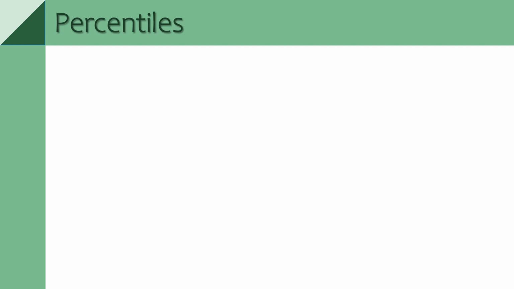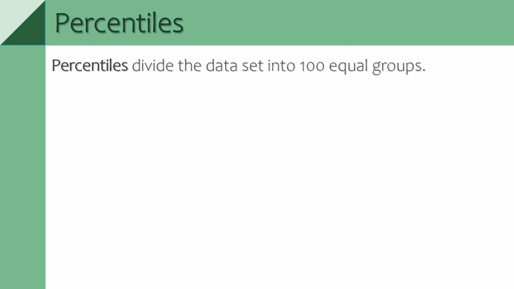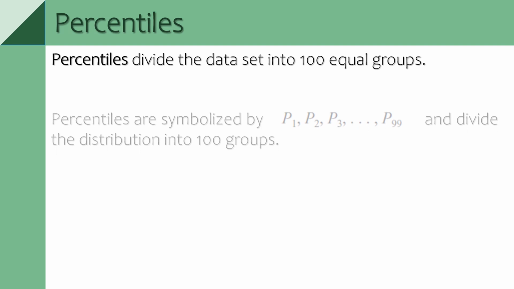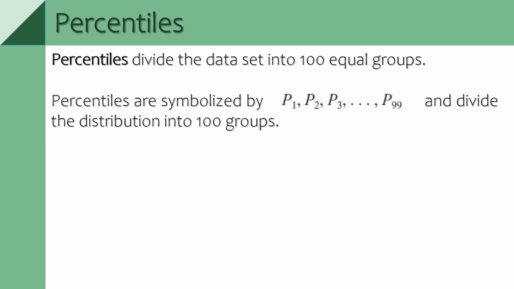Okay, so percentile. So, percentiles divide the dataset into 100 equal parts or groups. Okay, so percentiles are symbolized by P sub 1, P sub 2, P sub 3 up to P sub 99 and divide the distribution into 100 groups. So, bakit hindi kasama si P sub 100?